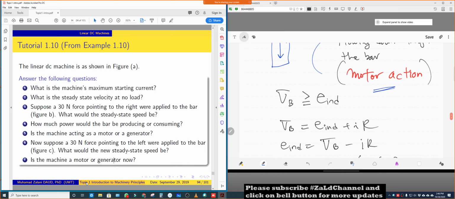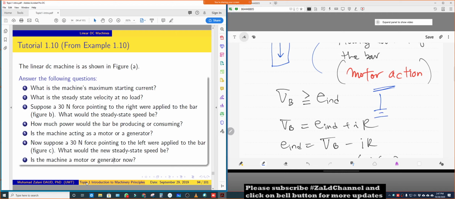If the machine is working as a motor, VB is always larger than the induced voltage.